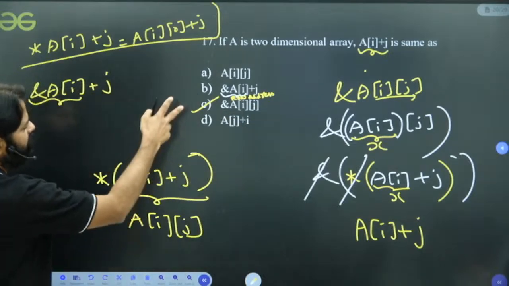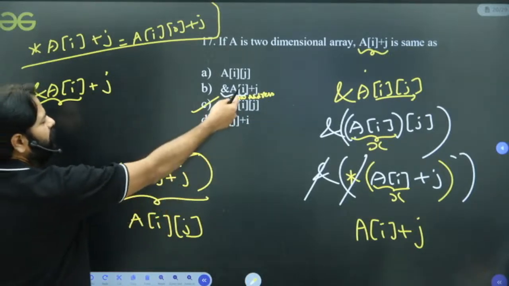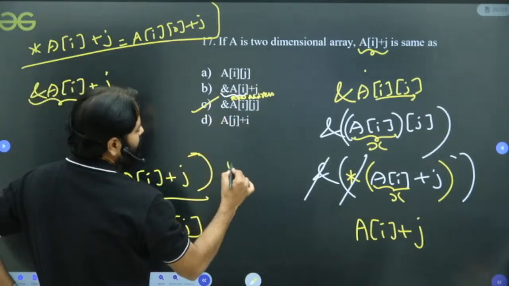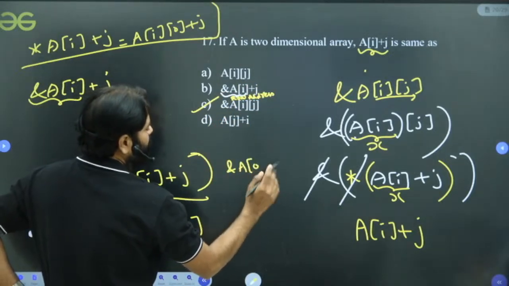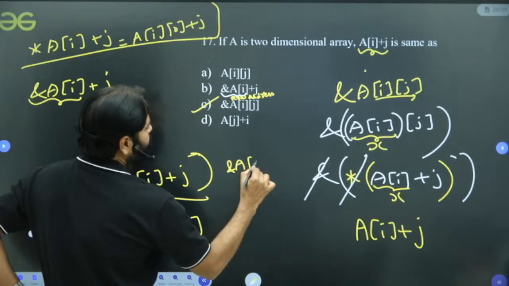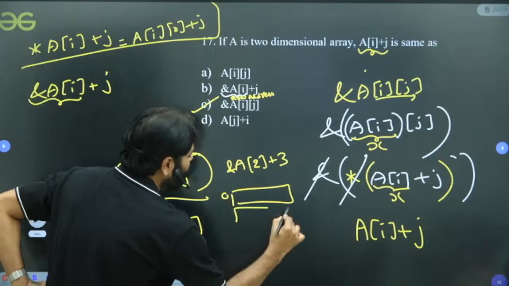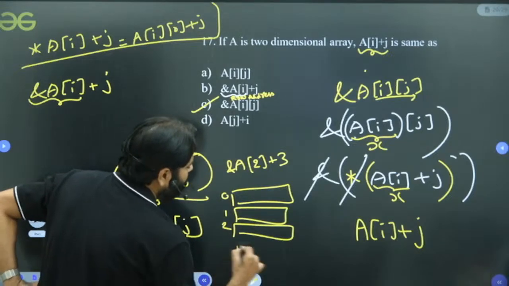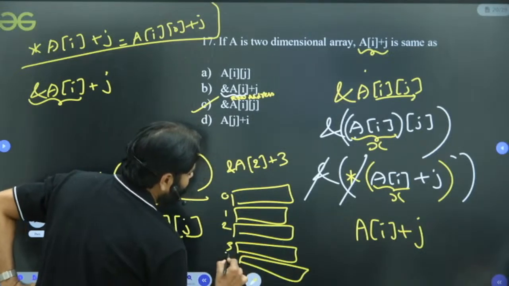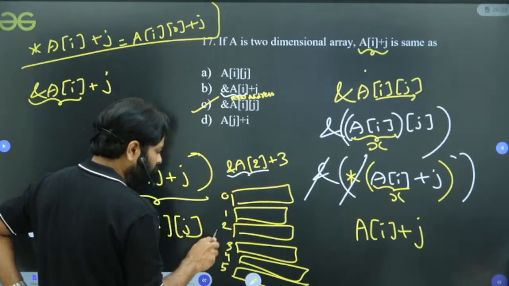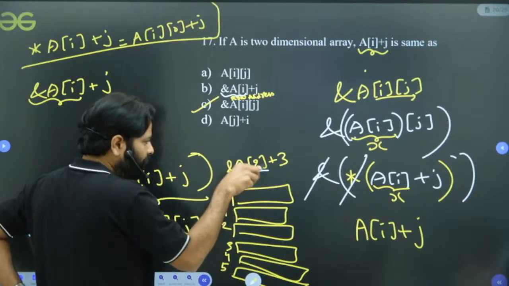If you want to understand that point, you can take A of 1 row plus 3 times. Suppose I say address of A of, let's say, 2 plus 3. Then what happens? There is row 0, row 1, row 2, and 3, 4, and 5. This is the address of A of 2, this one, and plus 3 times.